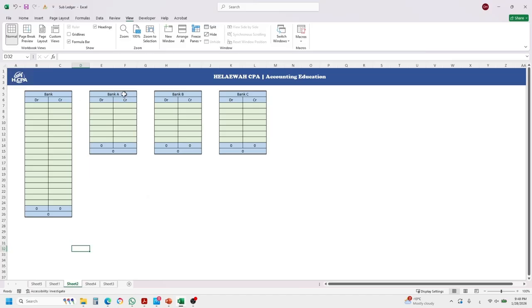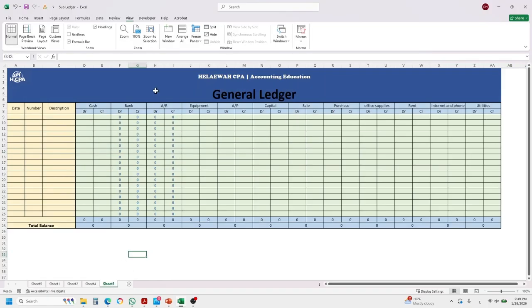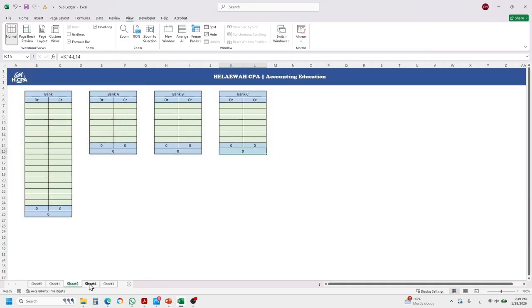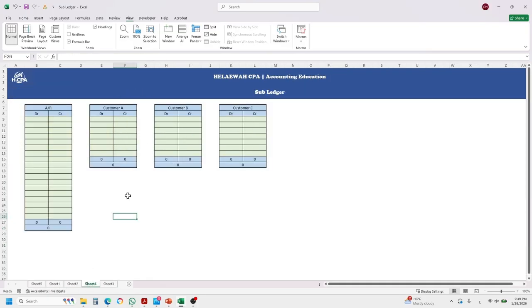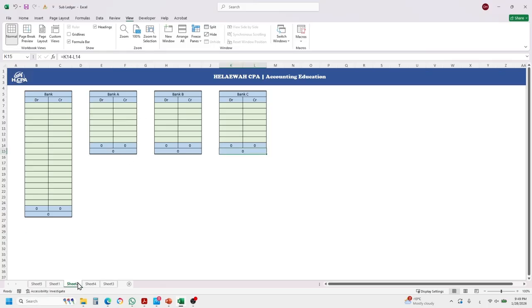Here you have bank A, bank B, bank C. Every transaction that happens in every bank will show the balance of this bank and then the total bank, which will lead at the end to show in the general ledger. So if we want to know the totals, we can go to the general ledger and see it. If we want to see a specific bank or specific customer, we can go to the subledger and see their balances.